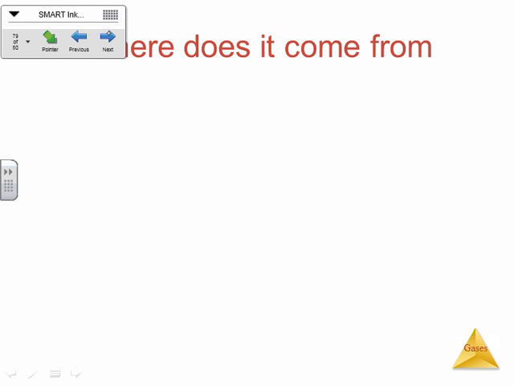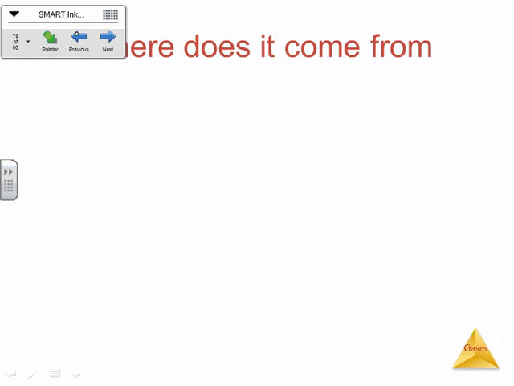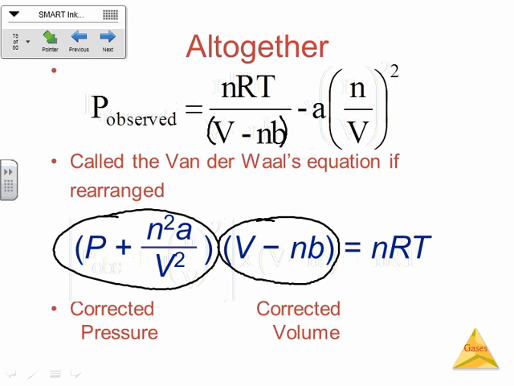Okay, here it is. See, I knew that this was on here. A and b are determined by experiment. They're going to be different for each gas, so those values will have to be given to you. If they ever gave you a problem that had to do with real gases, they would have to give you the a and the b. Other than the a and the b, there's nothing strange about this formula.